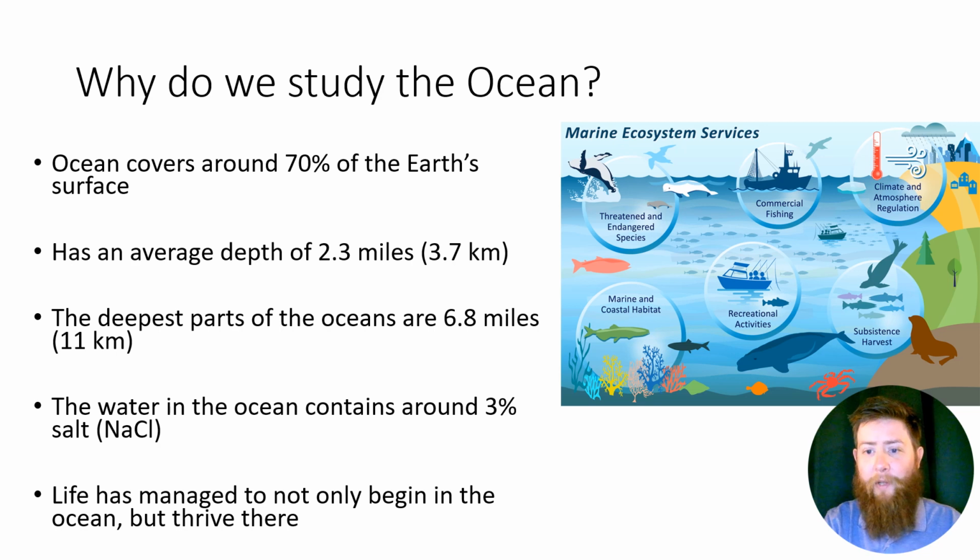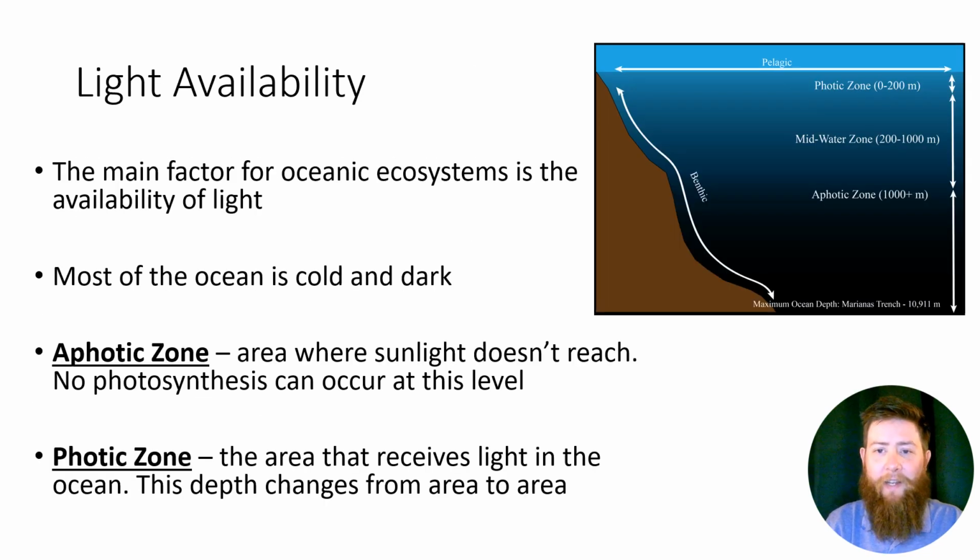So something that's really important is light availability. How much light is available in these areas allows for how much photosynthesis can happen, and photosynthesis, for the most part, is where energy for ecosystems comes from. So most of the ocean is in this aphotic zone down here, where it is cold and dark.